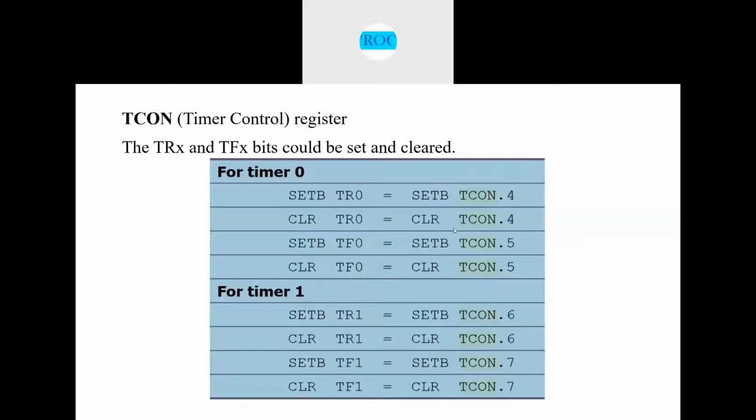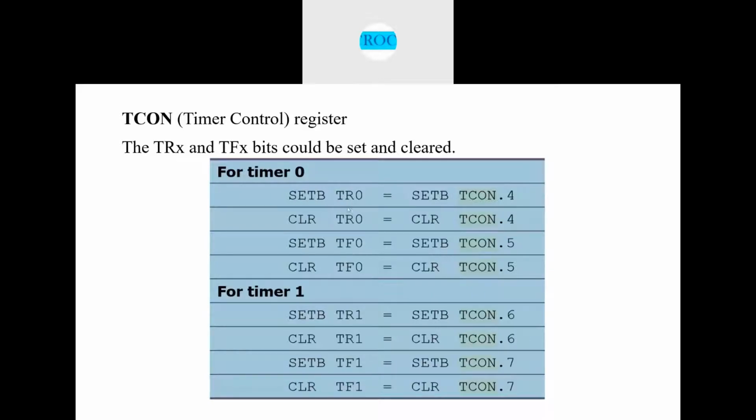All of these are bit addressable. You can directly mention SETB TR0, or you can also use the instruction SETB TCON.4. When I say SETB TR0, you are setting this bit so that TR0 equals 1, and again we have CLR TR0. SETB TR0 means you are starting the timer.